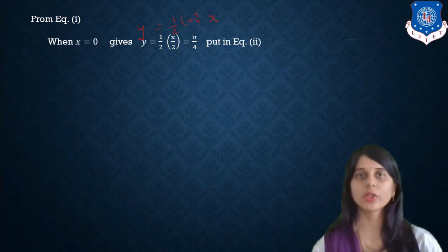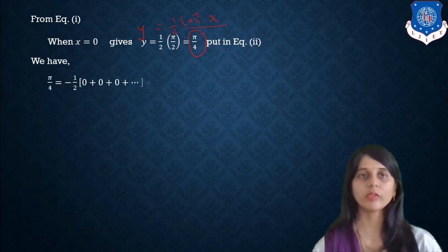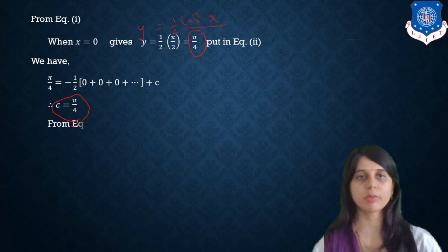So if we are putting 0, 1 by 2 cos inverse 0 is pi by 2, then we get it pi by 4. Put in equation 2, we get pi by 4 equal to 0 plus c. So we get constant value as pi by 4.